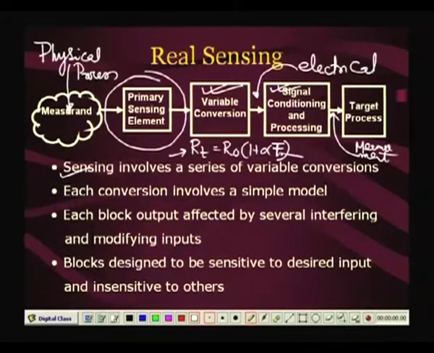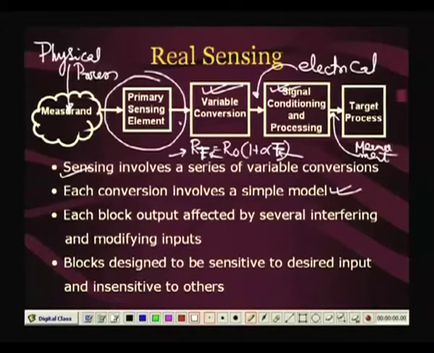So, this is a simple model which relates the temperature T to the resistance at T. So, each conversion actually involves a simple model. However, remember that it is not that simple.